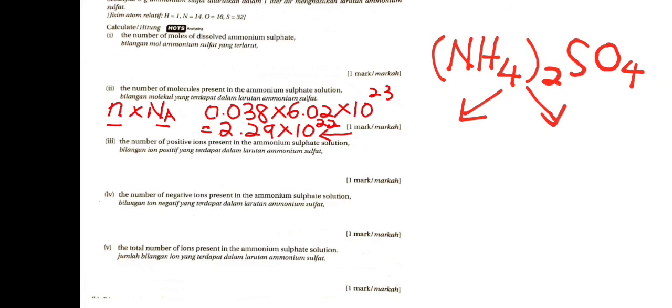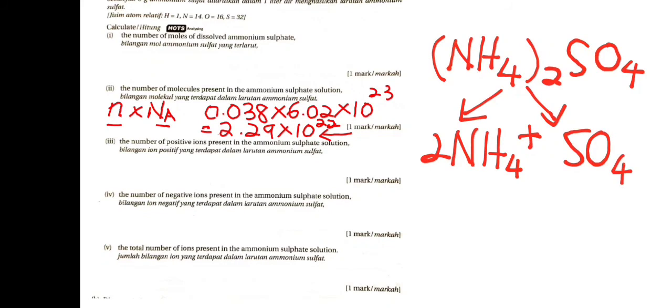So positive ion dia ialah 2 mole of ammonium ion and 1 mole of sulfate ion. Okay, so we want to find the number of positive ion in the ammonium sulfate solution. So here we have ammonium ion is 2 mole. So here what we do to find the number of positive ion, the number of mole you times with Avogadro constant times with 2.